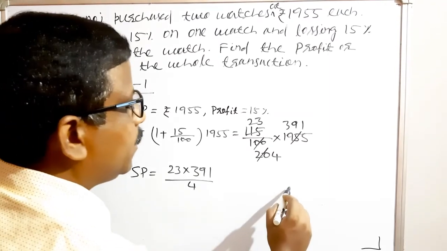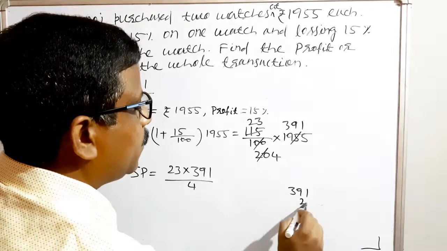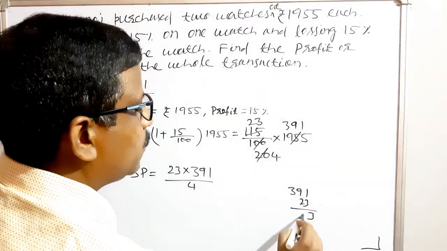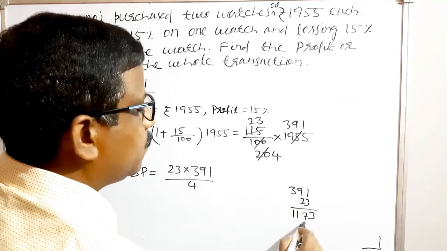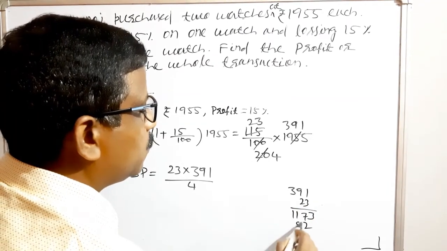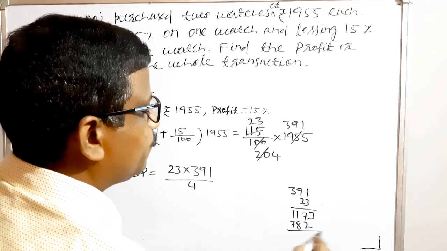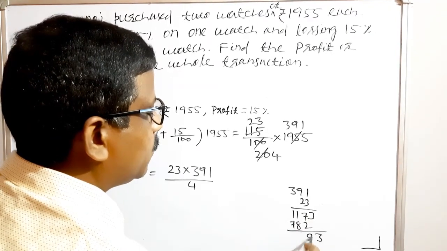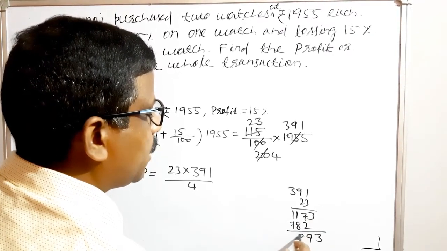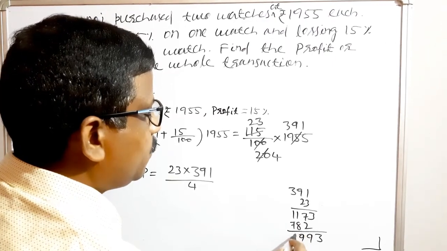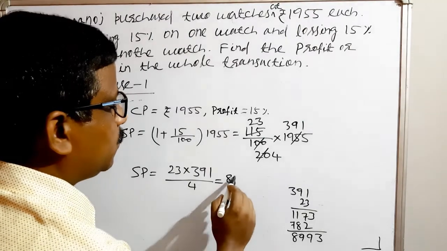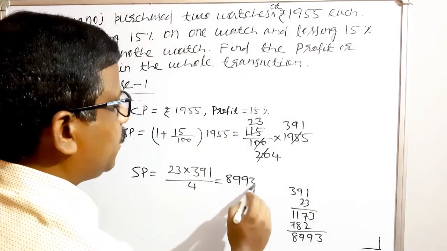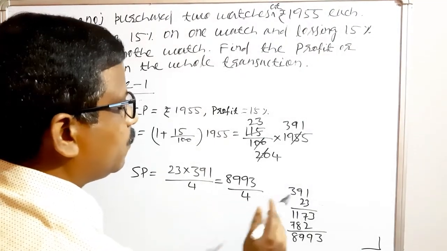Now 23 into 391, we have to multiply. It will be 8993 divided by 4.